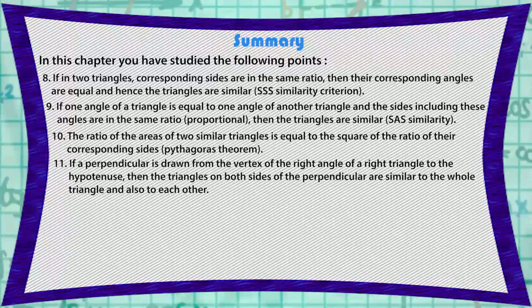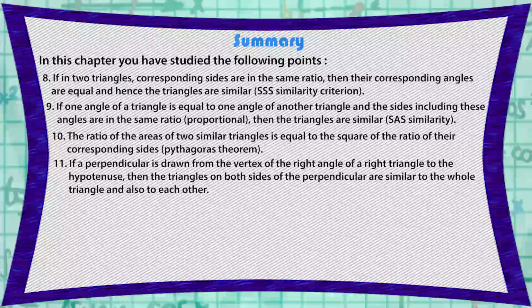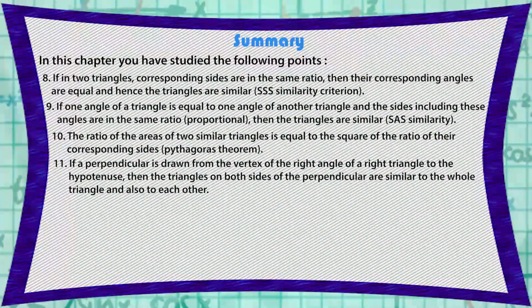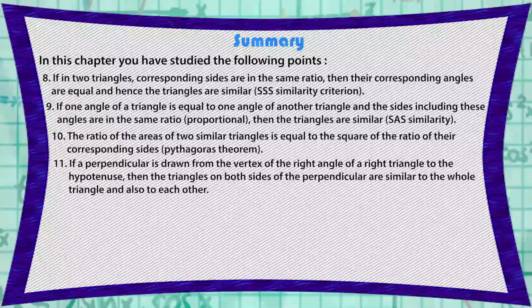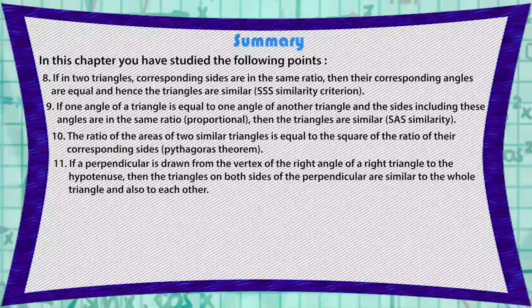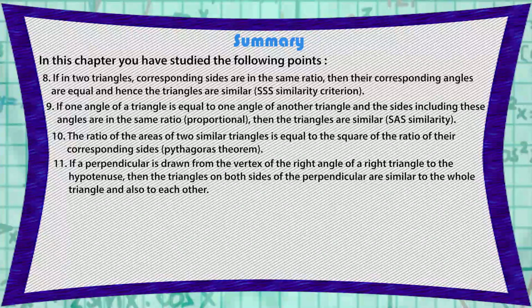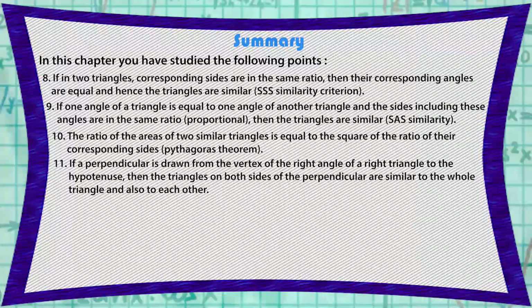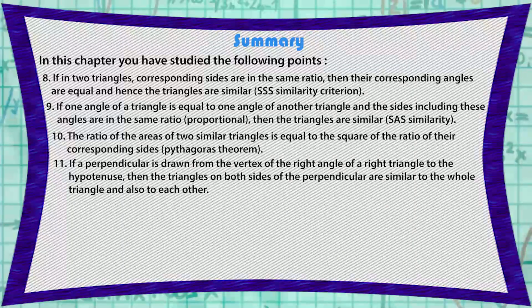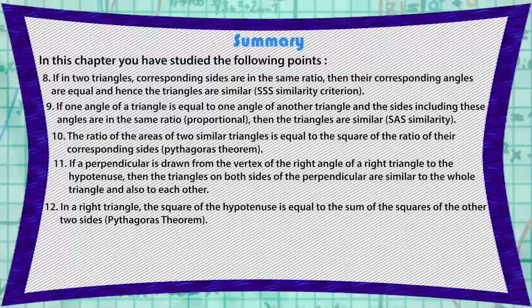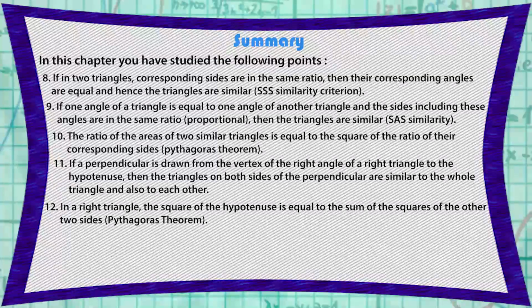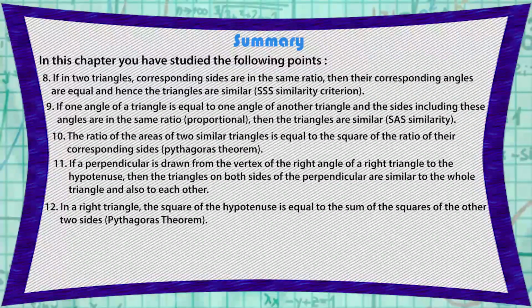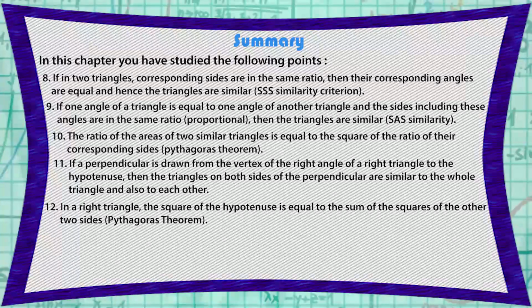If a perpendicular is drawn from the vertex of the right angle of a right angle triangle to the hypotenuse, then the triangles on both sides of the perpendicular are similar to the whole triangle and also to each other. Pythagoras theorem: in a right angle triangle, the square of the hypotenuse is equal to the sum of the squares of the other two sides.